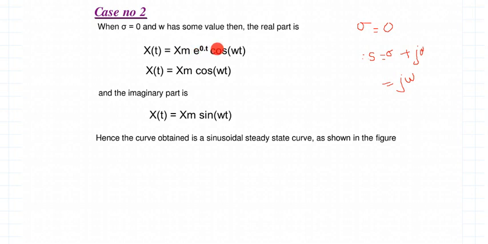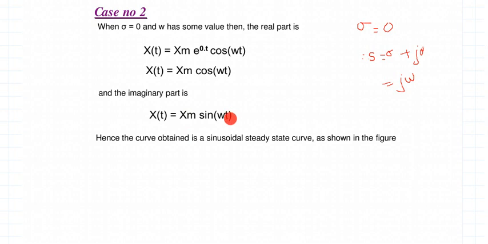Now sigma is 0, so e raised to 0 becomes 1, and that's why x(t) is simply xm cos of omega t. Similarly, what happened to the imaginary part? The imaginary part also had the term xm e raised to sigma t into sine of omega t. As sigma is 0, the imaginary part is xm sine of omega t.